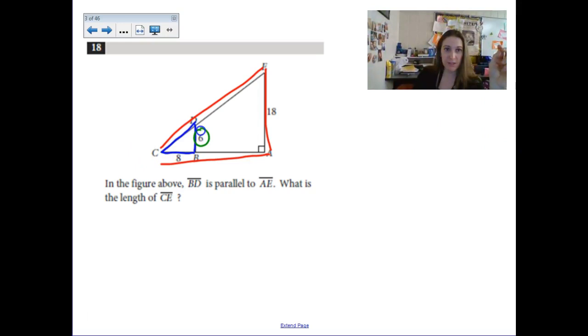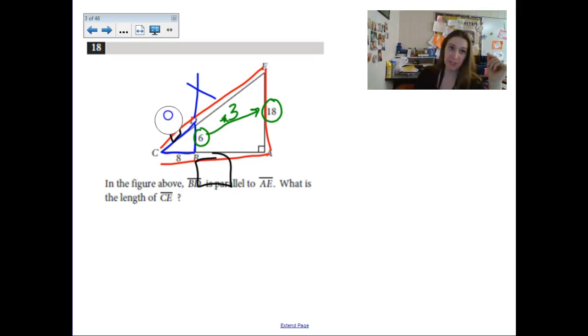So the baby triangle has a 6, the mama triangle has an 18. Looks to me like their relationship is the mama is triple the baby. So the question that they have is, what is the length of CE? They want to know the hypotenuse of the mama triangle. So we need to figure out this part, or we need to figure out this part. It doesn't really matter. We just need to know something else. So we need to do a little Pythagorean theorem is my point.